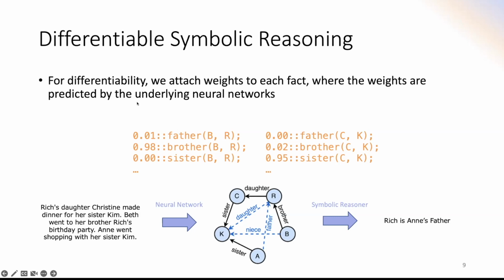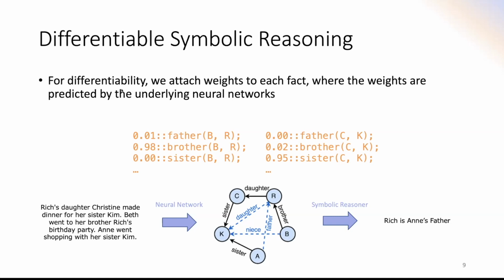if let's say we are using those language models to extract those information or facts, they're probably going to predict some distributions over the relationship between two people, right? Let's say we are talking about this paragraph, and it has a bunch of entities. Between each pair of entities, we can use a language model to perform what's called relation extraction. And relation extraction will output a distribution of relations, right?